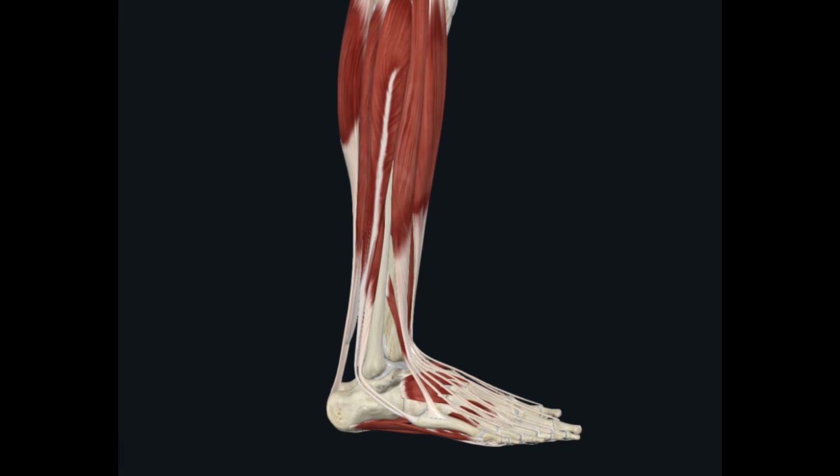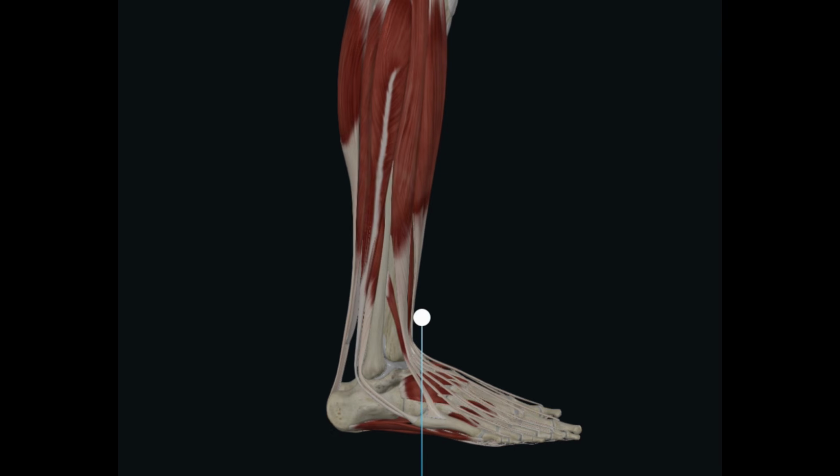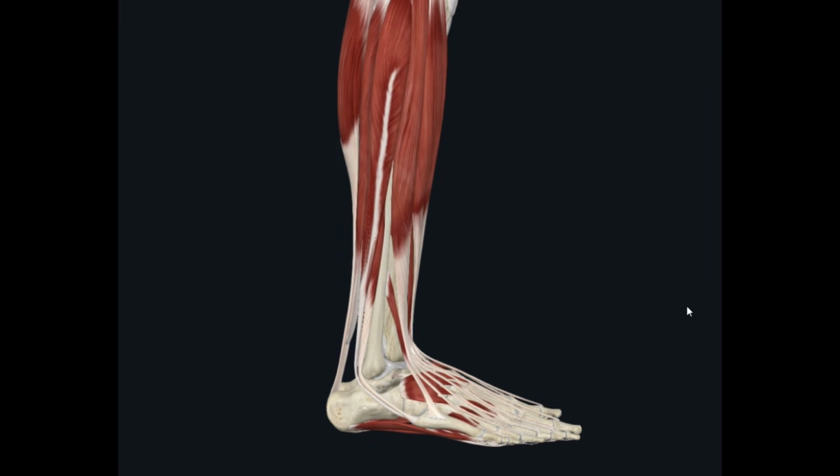Now remember, when Deshaun Watson had the ball in the pocket and he was moving backwards and then attempting to propel himself forwards, his ankle was in what we call a dorsiflexed position.